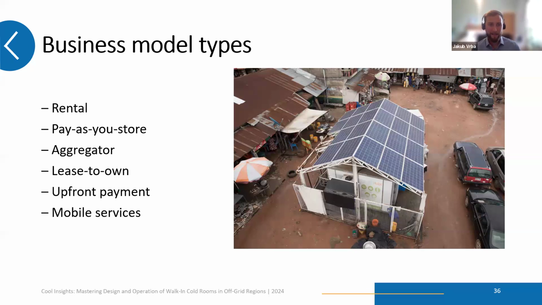And then last but not least, we've got mobile services. That's a relatively emerging model. Here we are talking about small cold rooms that would be mounted on trucks or trailers, and it could serve remote communities or seasonal farming areas, or provide temporary food storage needs for different events, for example.